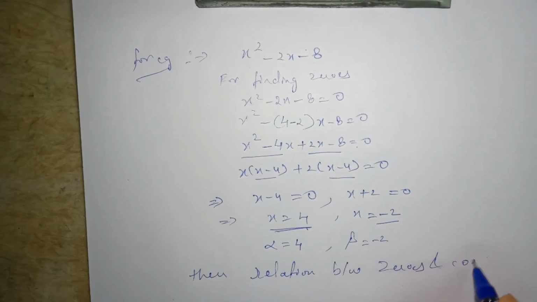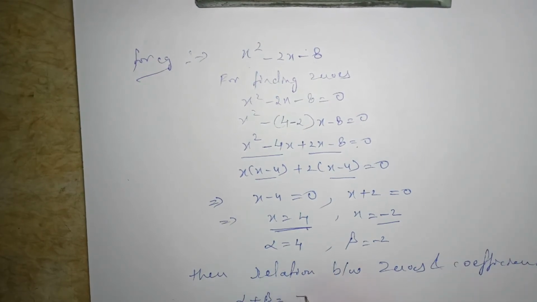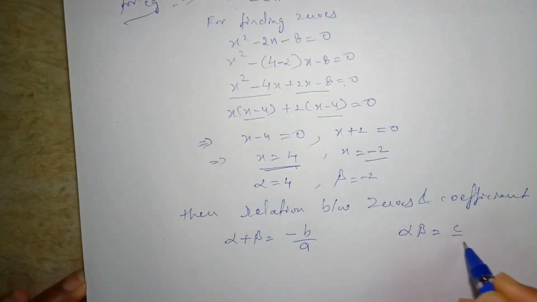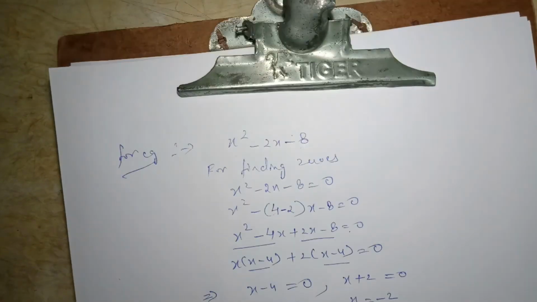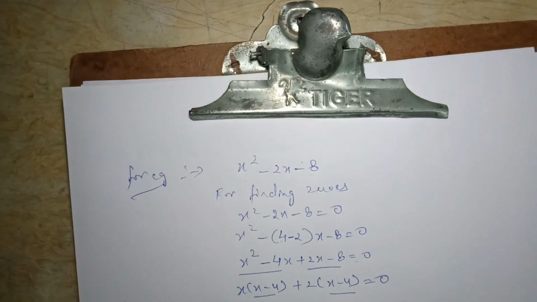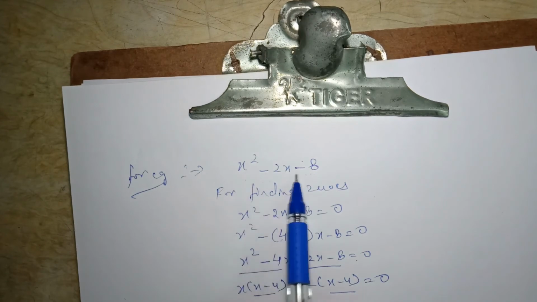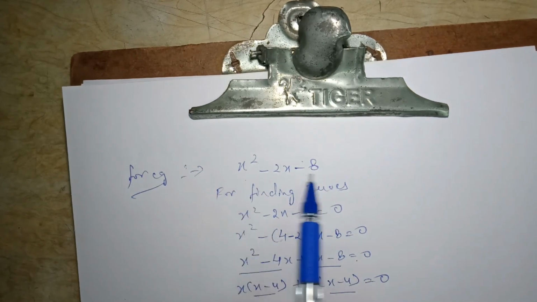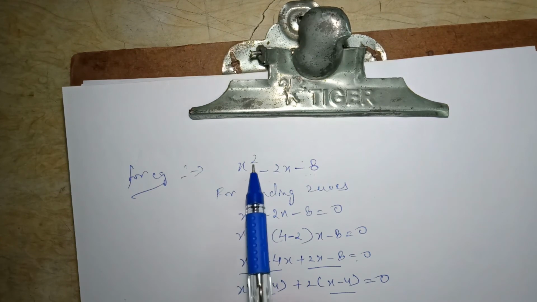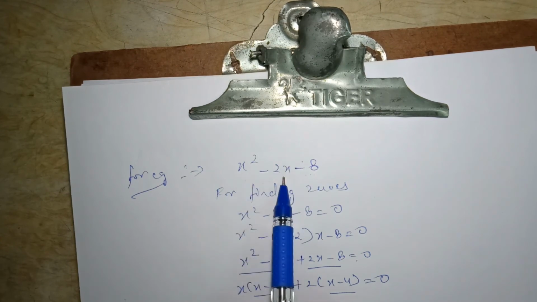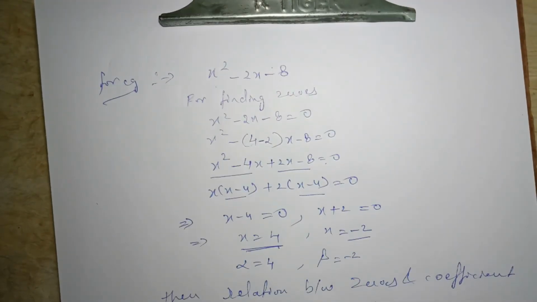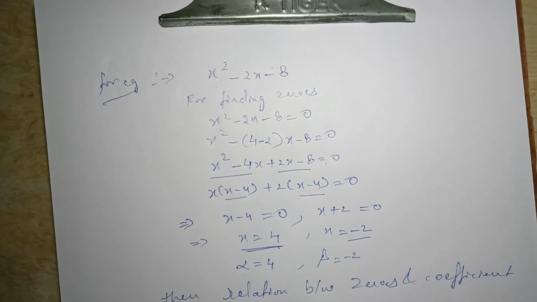Then the relation between zeros and coefficients will be alpha plus beta equal to minus b by a and alpha into beta equal to c by a. Now for finding the values of a, b, c, first of all we have to check the general form of the given polynomial. It is already in the general form: the highest power, degree 2, is at first place, degree 1 is at second, and the term without a variable is at last. So from this we get the coefficient of x square, a equal to 1, b equal to minus 2 and c equal to minus 8.